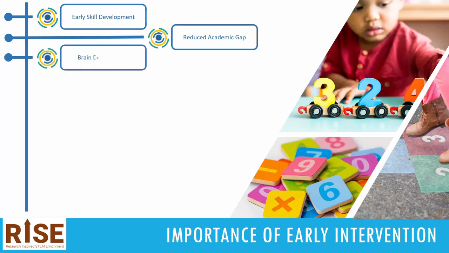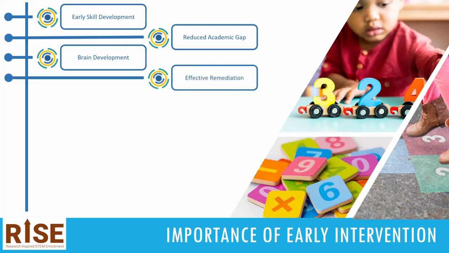Enhanced neuroplasticity. Brain development. Young children's brains have a higher degree of neuroplasticity, meaning they are more capable of forming new neural connections. Effective remediation. This plasticity allows for more effective remediation of dyslexia during early childhood, potentially leading to more significant long-term improvements in reading and language skills.